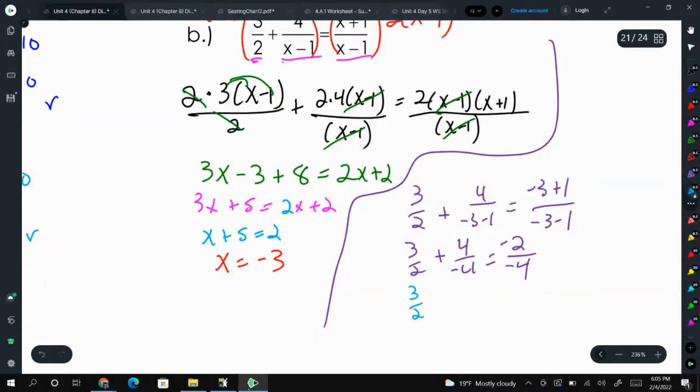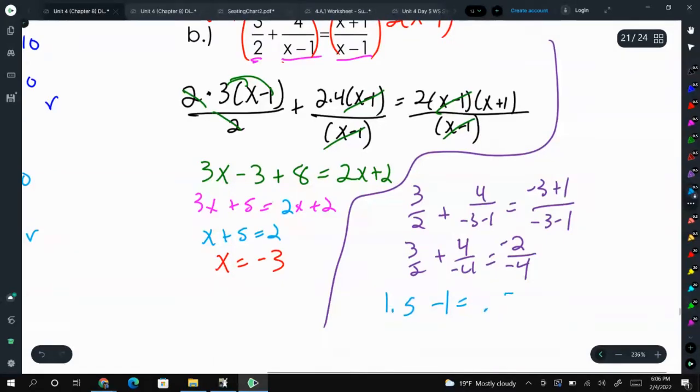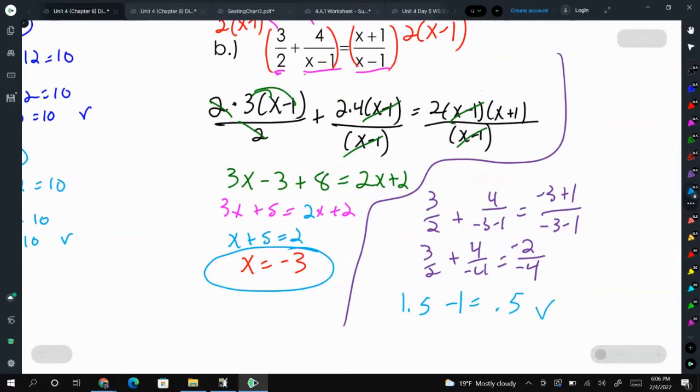So 3 over 2 minus 1 equals negative 1/2, and that is true. Sorry, this is positive 1/2. So 3 over 2, which can be written as 1.5 minus 1 is equal to 0.5. That's a true statement. So our solution is x equals negative 3.